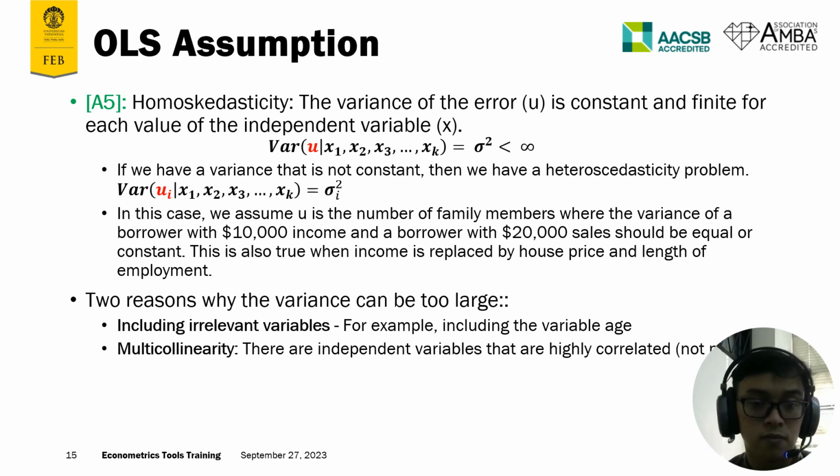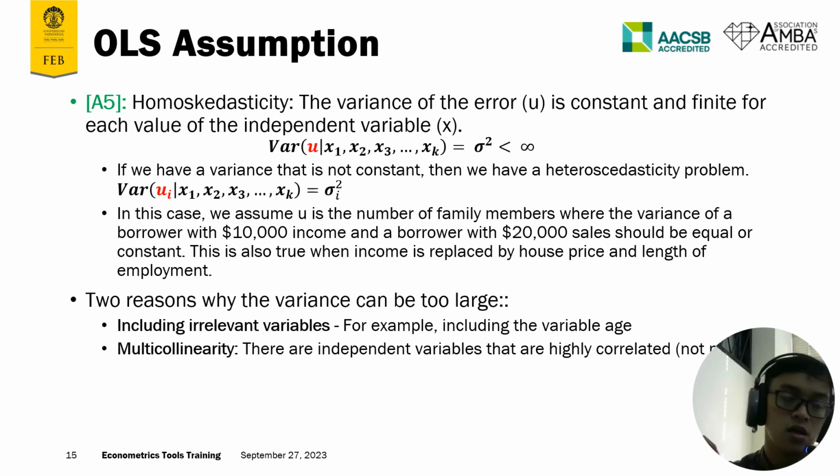So it is the best variable-based model from the OLS, and there are two reasons why the variables are not significant, or maybe the variance is not constant. The first one is you didn't include relevant variables. Also, maybe you include irrelevant variables.